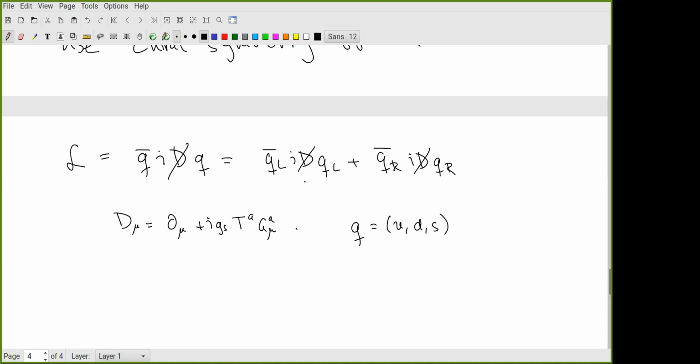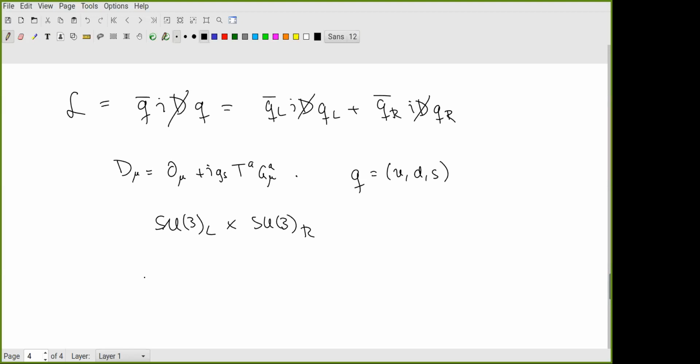And you can rotate the left and the right-handed components independently of each other, and nothing changes. And that's called the chiral symmetry. In mathematical terms, that's SU3 left cross SU3 right, because you can just do a unitary rotation on these left and right-handed components independently.